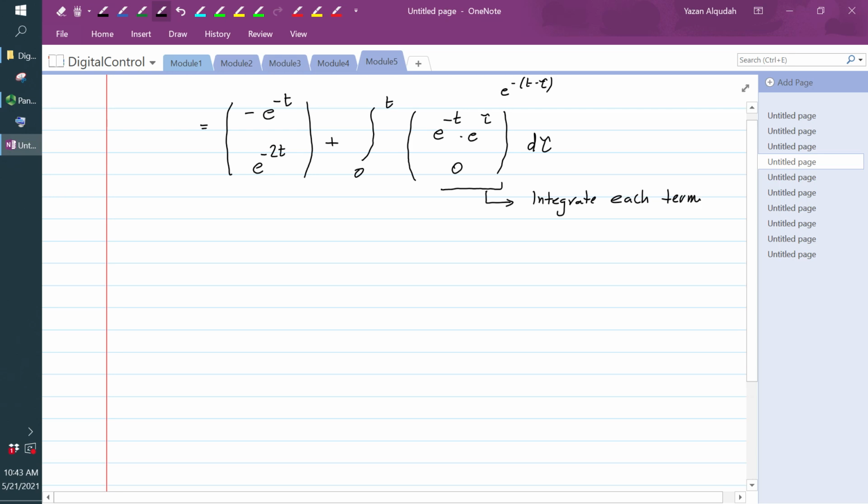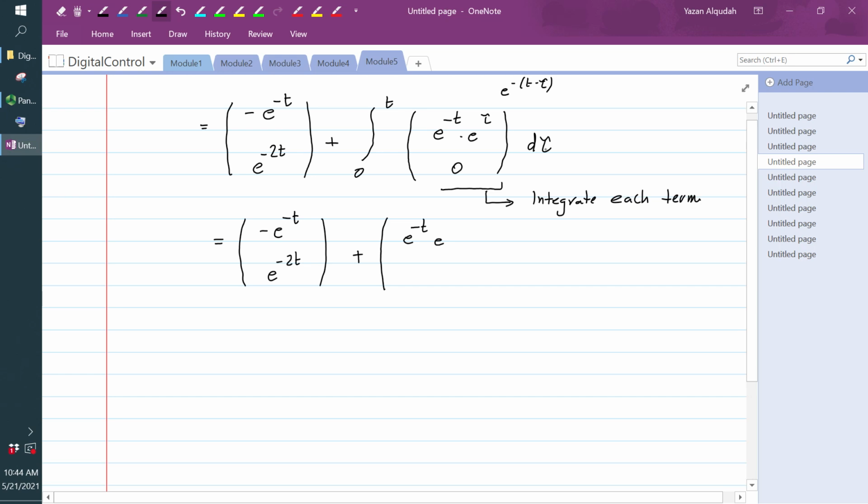And therefore, I can come here, I have negative e to negative t, e to negative 2t, plus the integration of e to negative t multiplied by e to negative tau, e to tau, and we are integrating over tau, not over t.